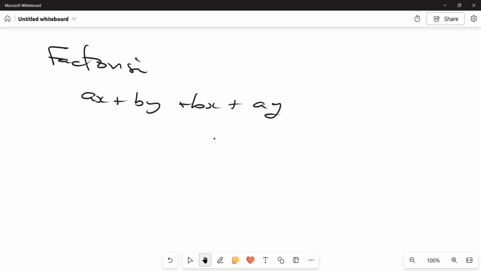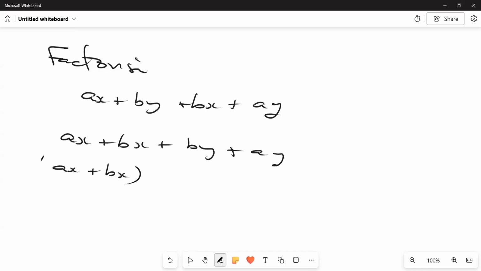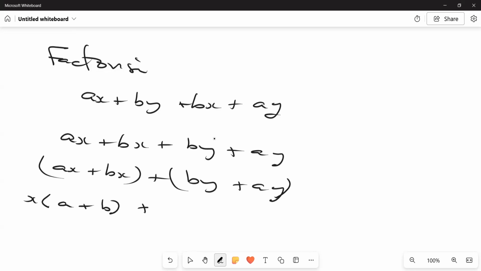But what we could do, we probably can bring the x terms together, ax plus bx, and then we put by plus ay. Then we group these two up. Bring the x to the front here, a plus b, and then you do the same with y.